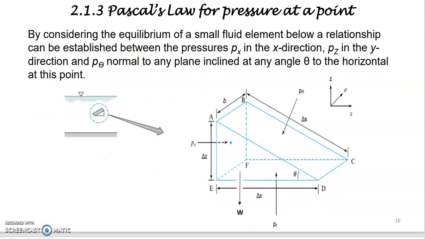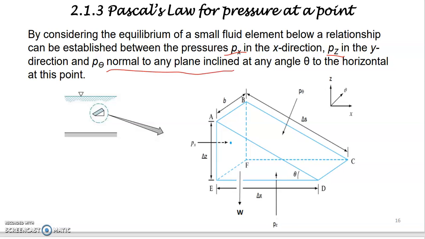Okay, pressure is related to Pascal's law. So we need to prove Pascal's law for pressure at a point. It can be established between the pressure Px in the x direction, Pz in the z direction, and P naught, which is normal to any inclined plane.